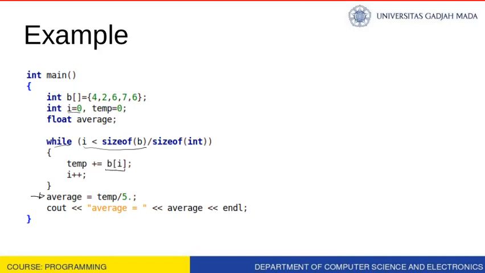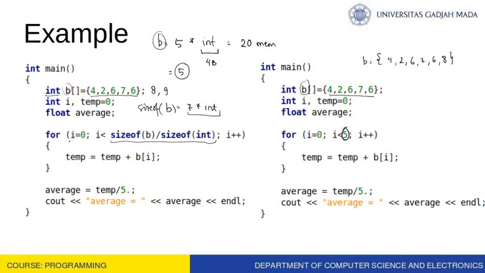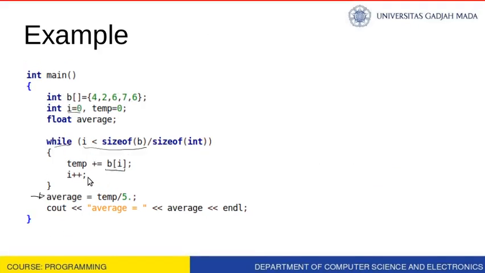Because in the for, it is explicit what is the beginning of the index, what is the stopping criteria of the index, and what is the increment of the index. But in this while, we have to put in a little bit of effort to see what is the beginning of the index. We have to look for the initial value of i.